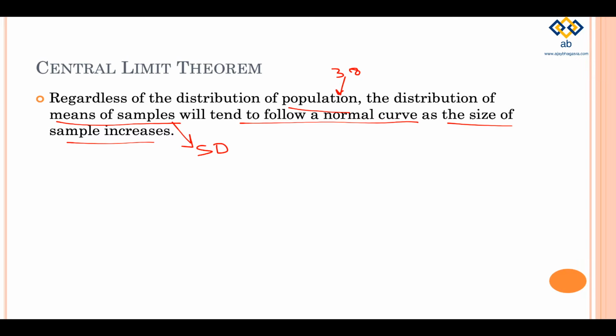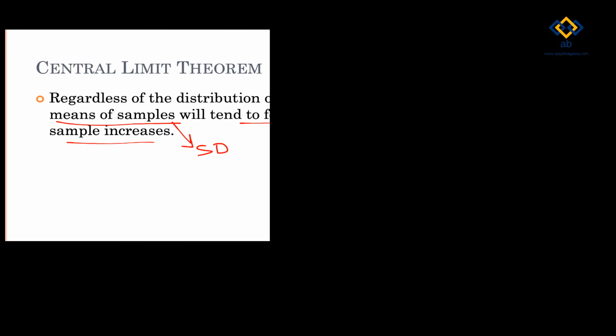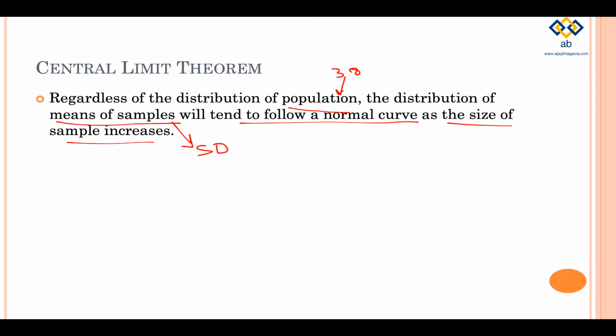But as a rule, you must know and remember that the sampling distribution size would always be larger than the population size. So population size was 38, but our sampling distribution size is 5 lakh above for a sample size of 5, right? Then the central limit theorem says that for an increased sample size, the distribution would be a normal distribution.